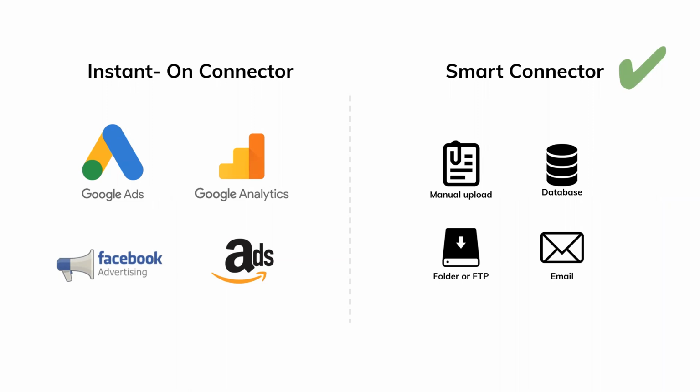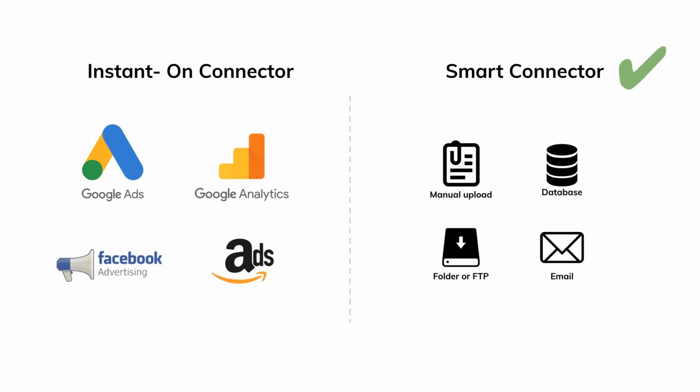Smart connectors. Smart connector is where you want to connect literally any other data to the system. Now, the smart connector is super, super powerful. One of the most common things that people do is they do a like CSV upload. I got this CSV from this system or this event or whatever, and I just want to upload it into TapClicks. So they'll just go to the smart connector, and you'll be able to manually upload a CSV, and it can go into your system and you can use it for your insights.